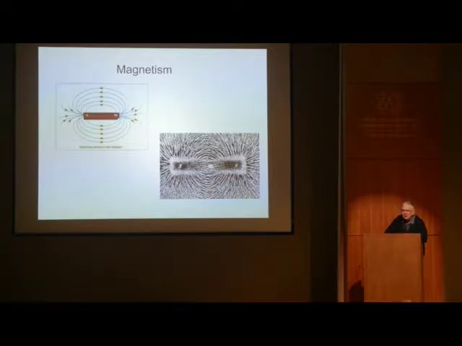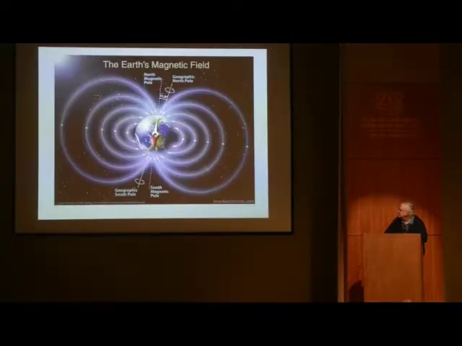And the Earth itself, of course, is a magnet. That's why you can make use of a compass. A magnetized needle will orient itself in the direction of the magnetic polarity of the Earth, and will point north or south depending on the orientation of the compass.